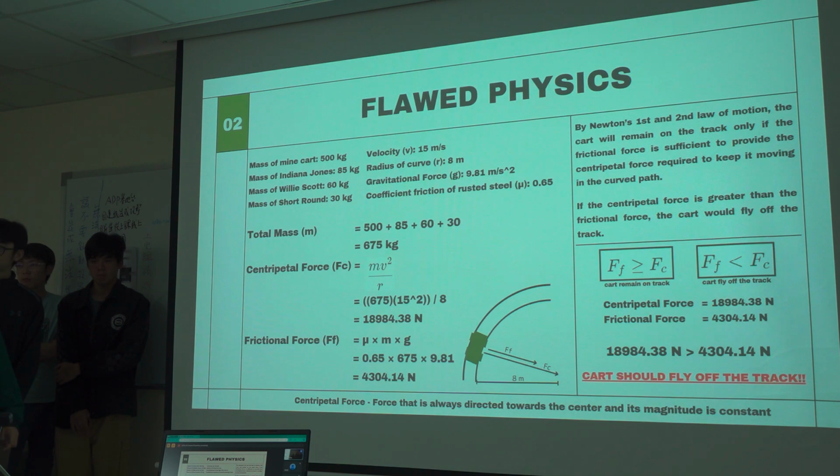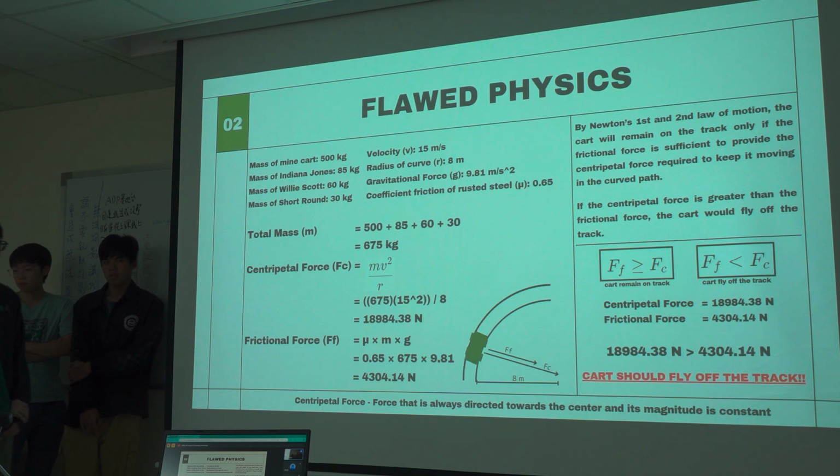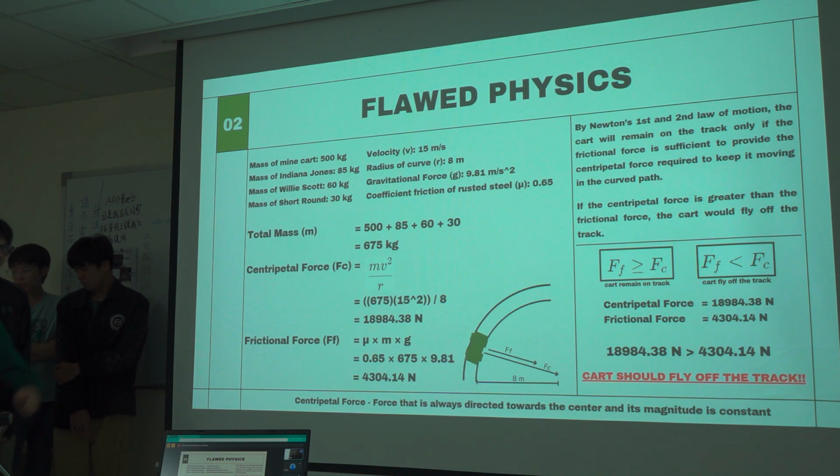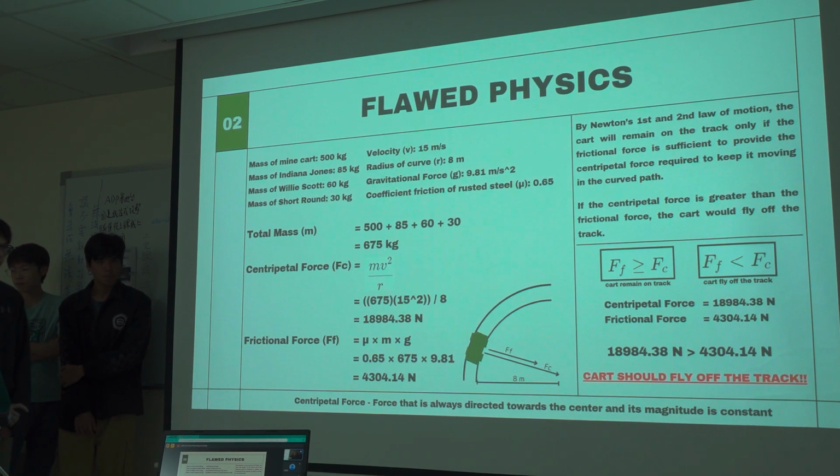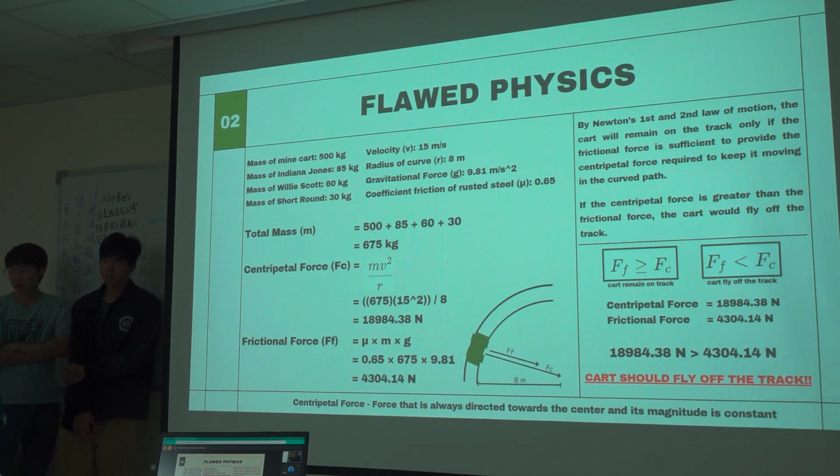The velocity is assumed to be 15 meters per second because it's relatively high, but the average speed of the minecart is about 8 meters per second. The radius of the curve is about 8 meters, and the gravitational acceleration is constant, which is 9.81 meters per second squared, and the coefficient of friction of rusted steel is about 0.65.